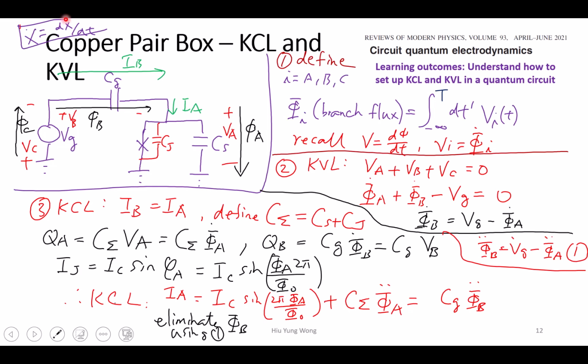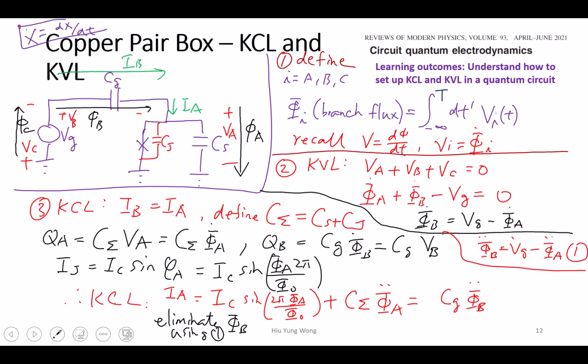So now then, the point is here. We use KVL, we put the phi there, and then we use KCL, we just put in all the phi, but now you have a second derivative. You equate the equation, and I'm going to eliminate phi b, which I'm not interested in.